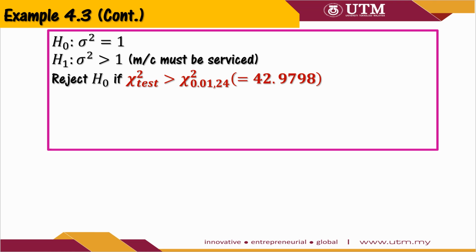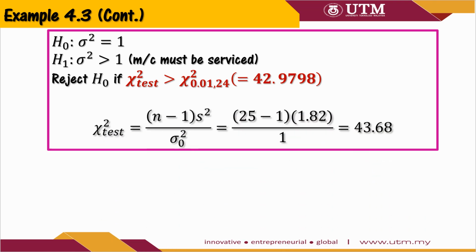Next, calculate the chi-square test statistic, which is given by the sample size n, which is 25 minus 1, multiplied by the sample variance s squared given by 1.82, divided by the hypothetical value of sigma squared under H0, which is 1 millimeter squared. So the chi-square test value is 43.68.